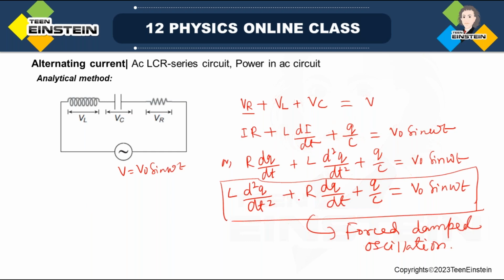See, it is always easier to solve this problem if we can guess the solution somehow. I can have a best guess as q is equal to q0 sine omega t plus theta.